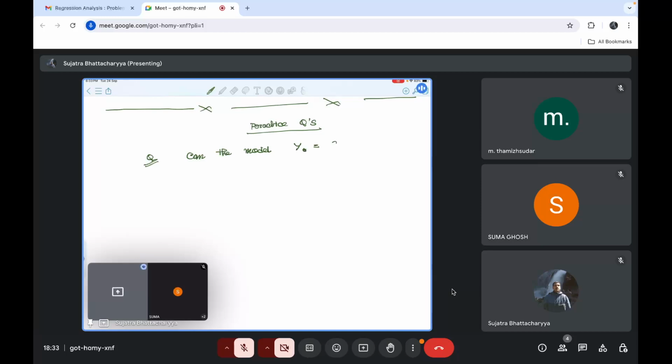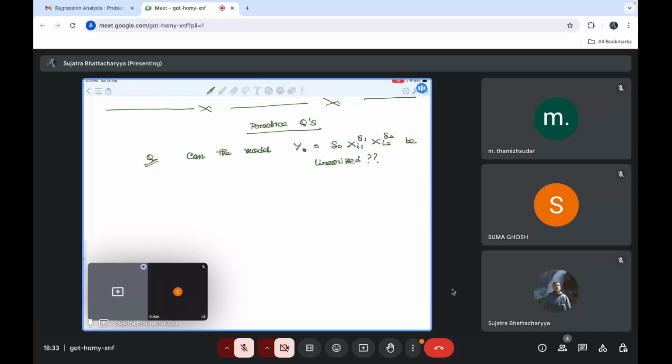So y is equal to delta naught x_i1 to the power delta 1 x_i2 to the power delta 2 be linearized? This is the question. Okay. So how will you solve it? y is equal to delta naught x_i1 to the power delta 1 and x_i2 to the power delta 2. And this will be linearized. So how to do that?